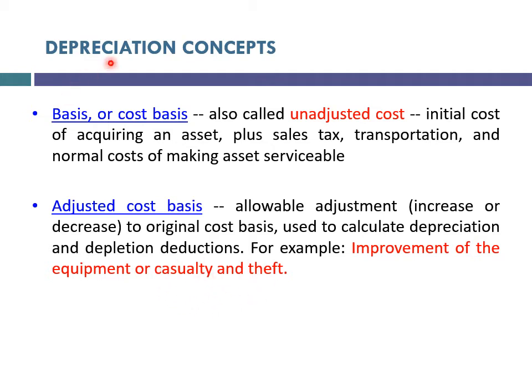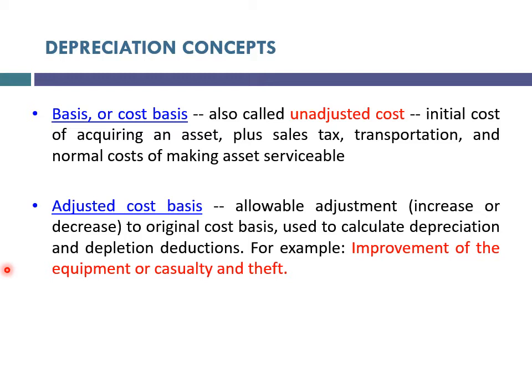Okay, so the cost basis includes the original purchasing cost and any other cost like taxes, transportation, and service costs that we need to pay to make this asset ready for operation, for service. And adjusted cost basis is the adjusting of this original cost basis due to any kind of improvement that we do on this asset.